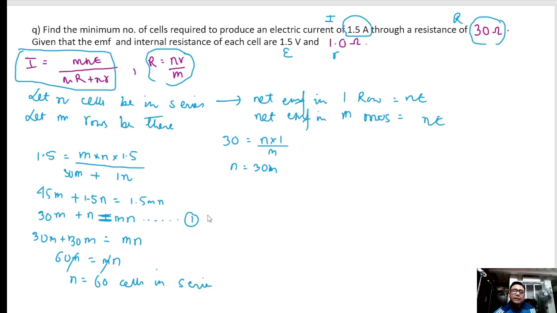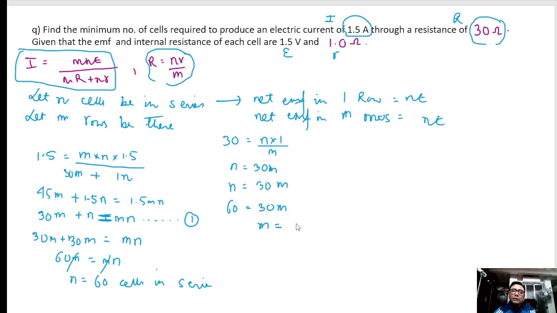Now how many rows shall I make? If I use this formula, we have already got a formula. What is the formula? N is equal to 30m. So this is 60, 30m.